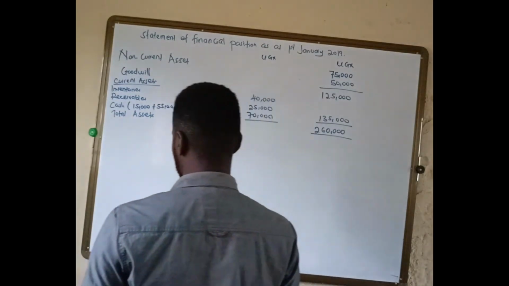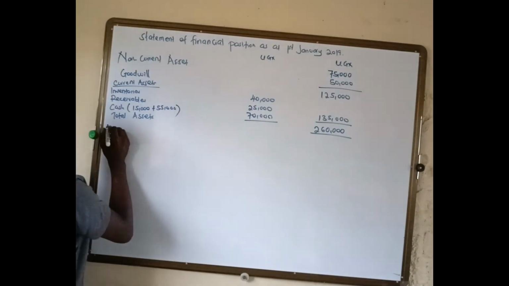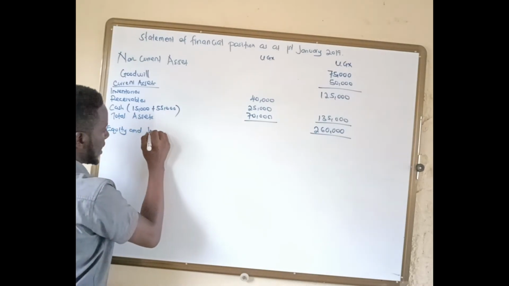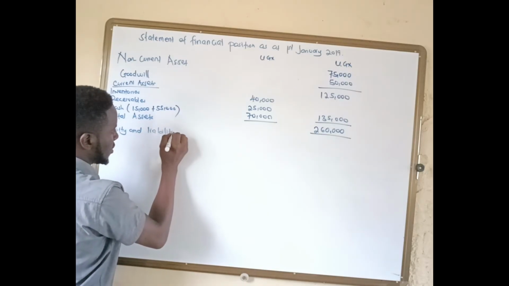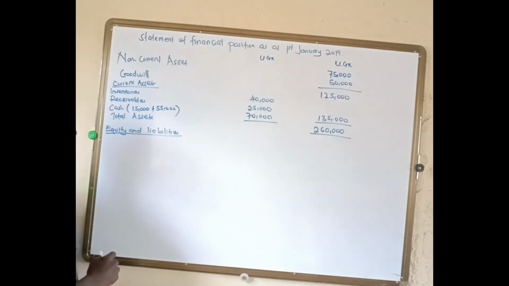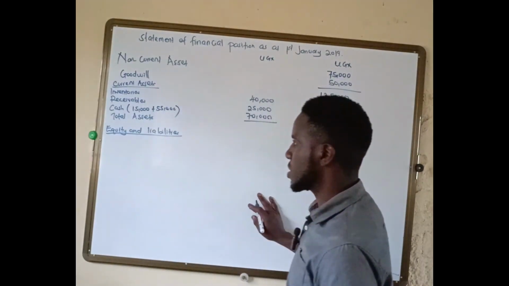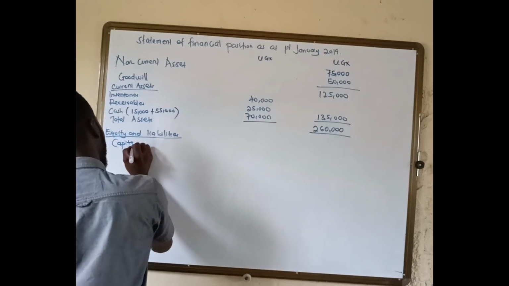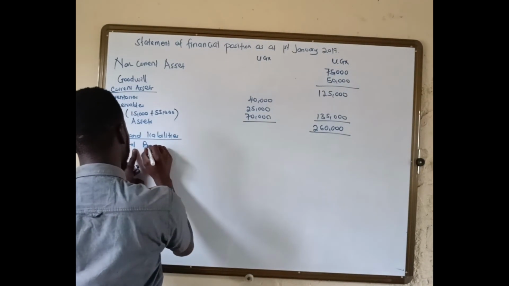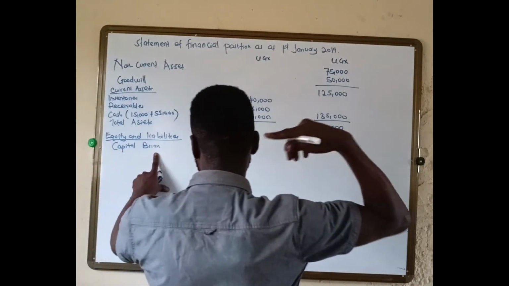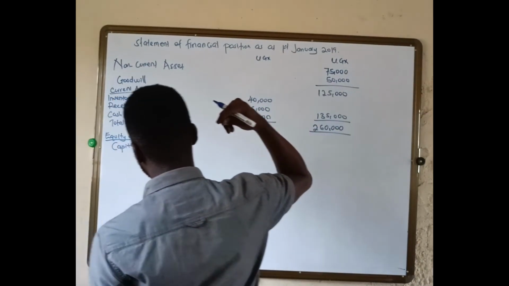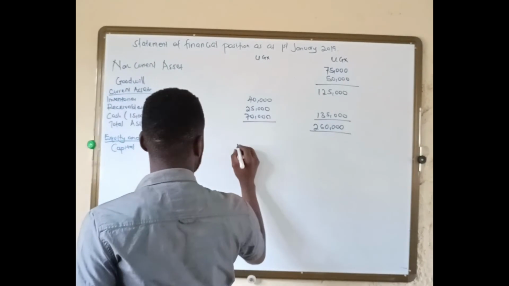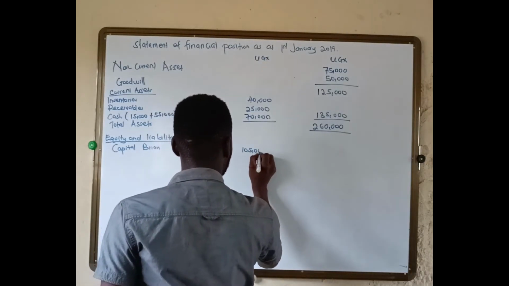Then we go to equity and liabilities. Now we shall start with the capitals. Remember, we have Brian. The balance we brought down from the capital account is the balance that we're going to show here, and the balance was 105,000.